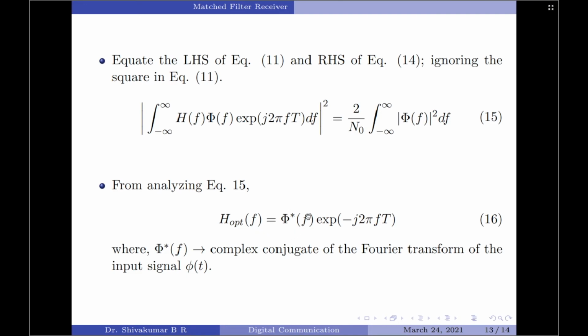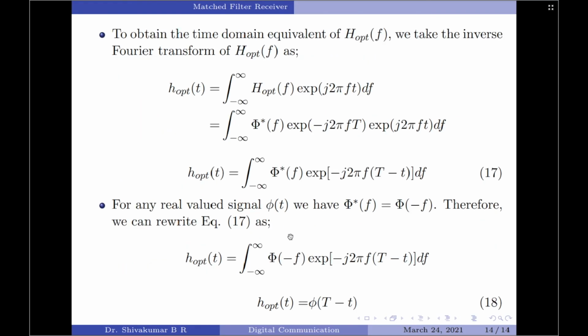Further, you should also note equation 16 specifies the matched filter in the frequency domain. To obtain the time domain representation of H optimum of f, let us apply the inverse Fourier transform to equation 16 here. That is what is done here.